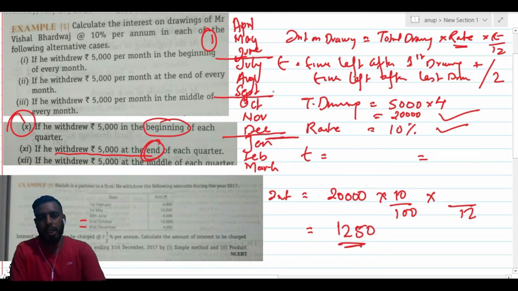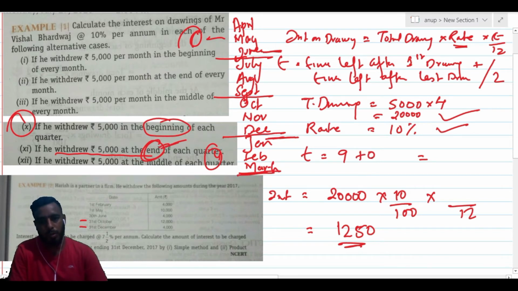So let us understand the date of the first drawing. Since this is the first quarter and he is withdrawing at the end of each quarter, that means on June 30th he is withdrawing the amount. So the time left after this will be 9 months. The last drawing will be at the end of the last quarter, January to March, so on 31st March, which is 0.